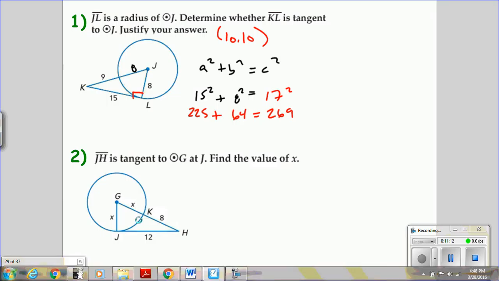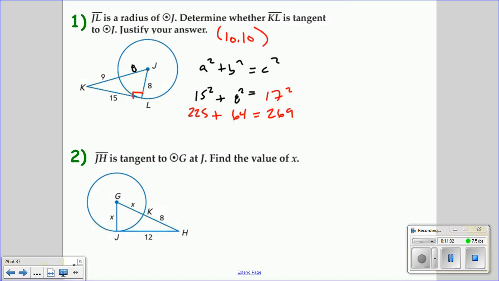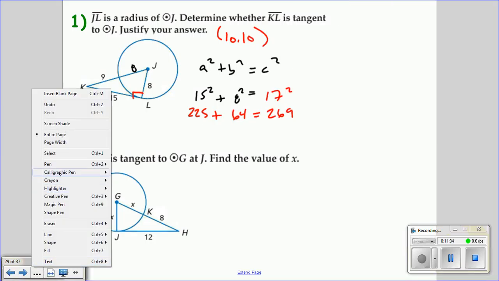My little brain is not perfect. So 17 squared, I think it's 289 now that I'm thinking about it. Yeah, 289. So let's fix that.